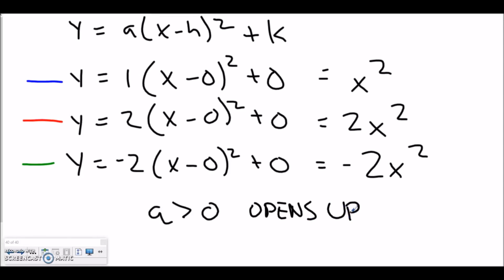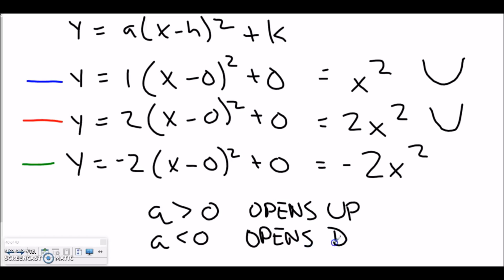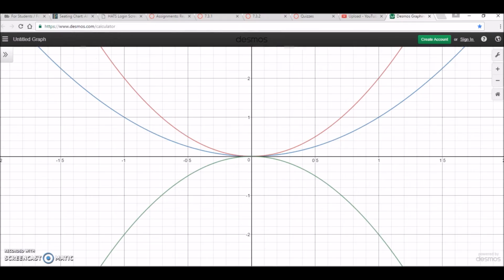So that means this one opens up and this one opens up. The opposite, if it's negative or less than 0, it opens down. If we go back to our graph, our green parabola is opening down because it's a negative 2.